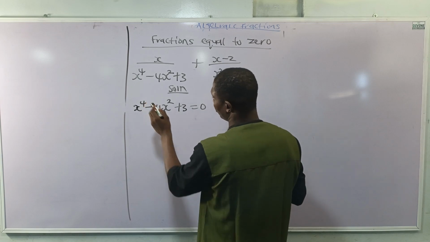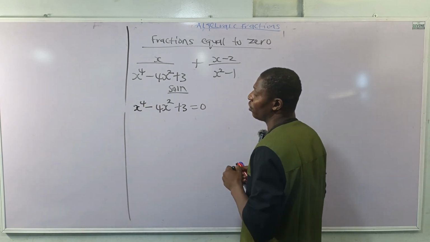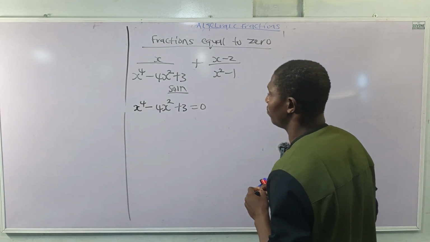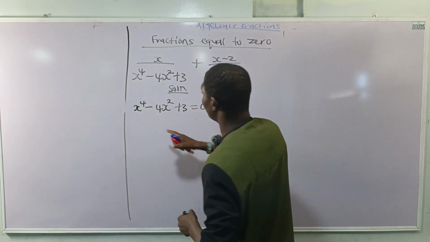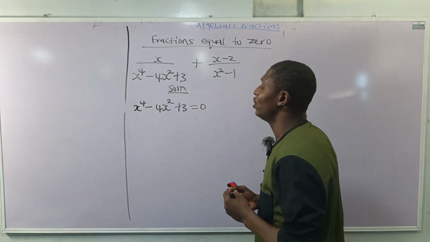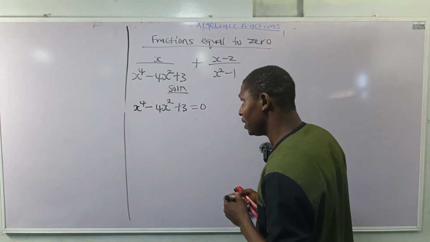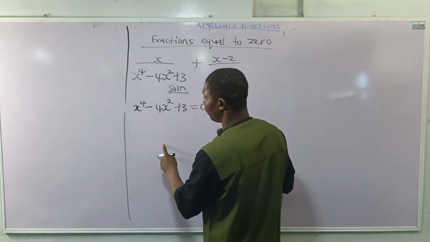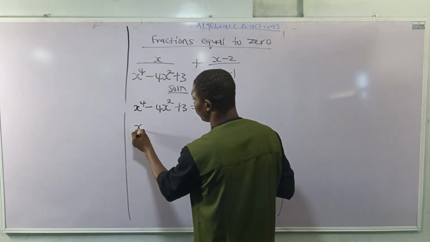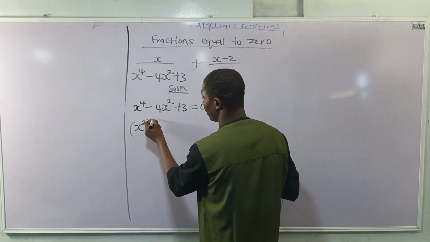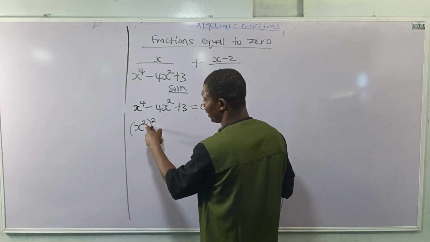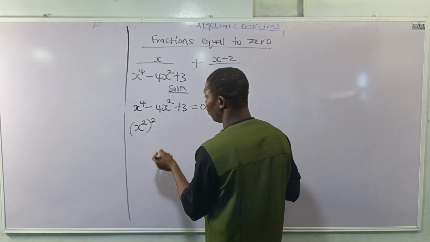This is a quadratic equation, because cubic is raised to power 3. Before we solve, we can see that this x raised to power 4 in indices can be written as x squared in brackets squared, because 2 times 2 here will give us 4.